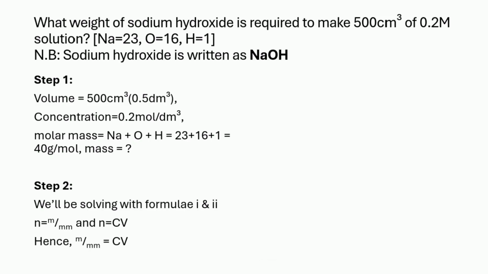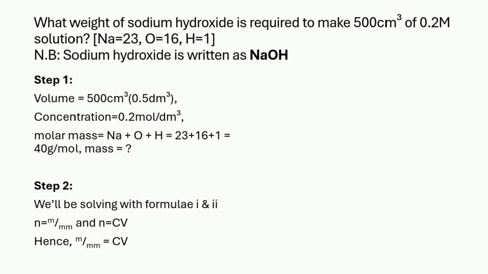Onto step 2, we are now looking for the formula. Remember, we have already written out the parameters: the volume, the concentration, and the molar mass. We are looking for the formula we can play around with to get the answer. We are looking for the weight of sodium hydroxide required to make that solution.